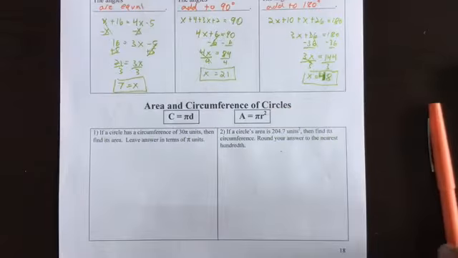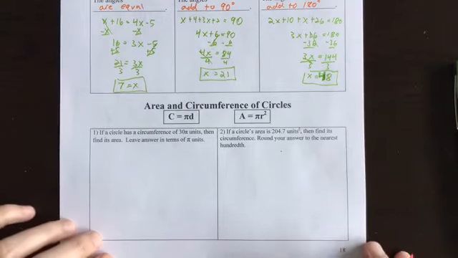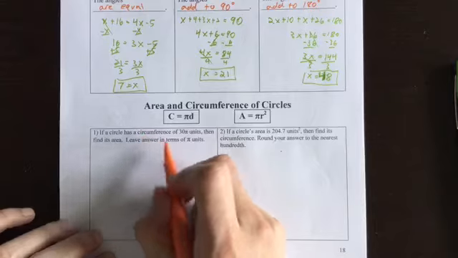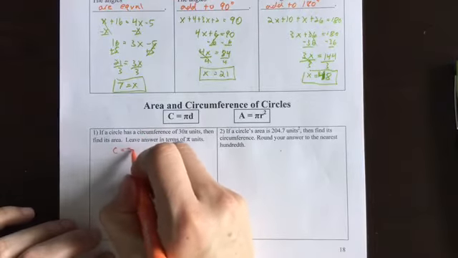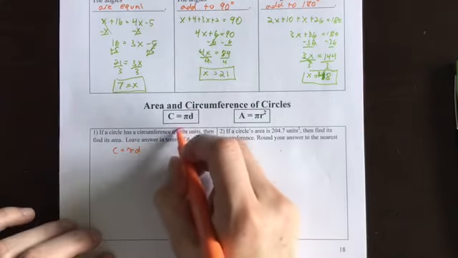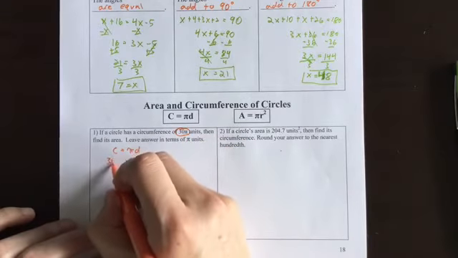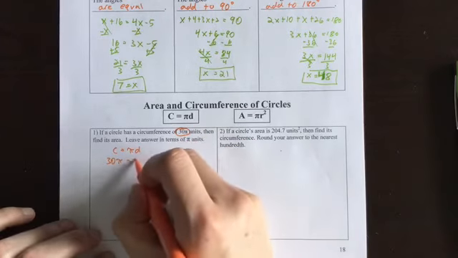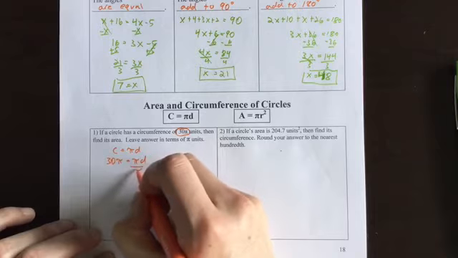Back to our circles here. If a circle has a circumference of 30 pi units, then find its area. Leave answer in terms of pi. So we're talking about circumference. Circumference is pi times diameter. The circumference is 30 pi, so we'll substitute that in for C. And now we can solve for diameter.